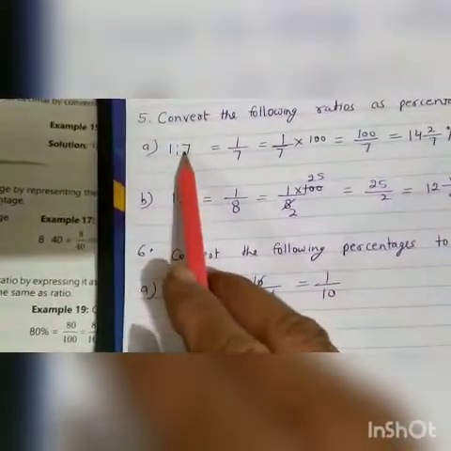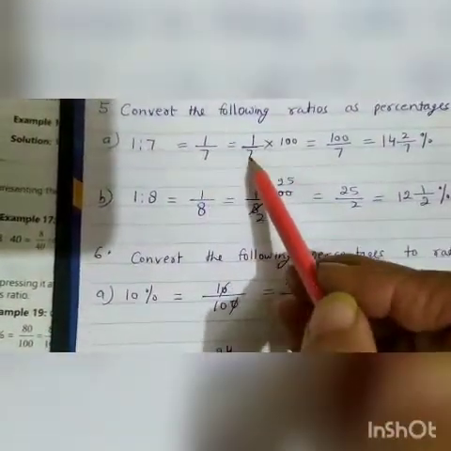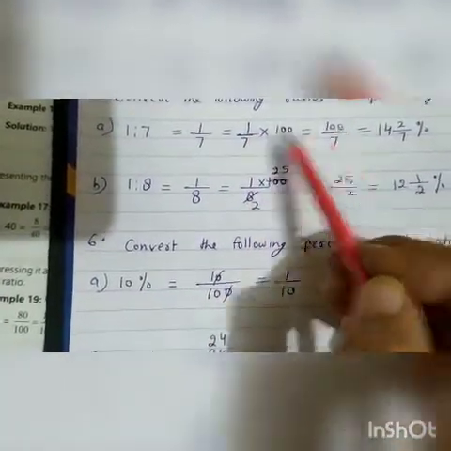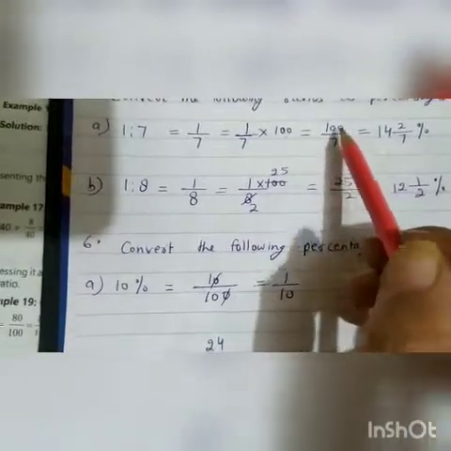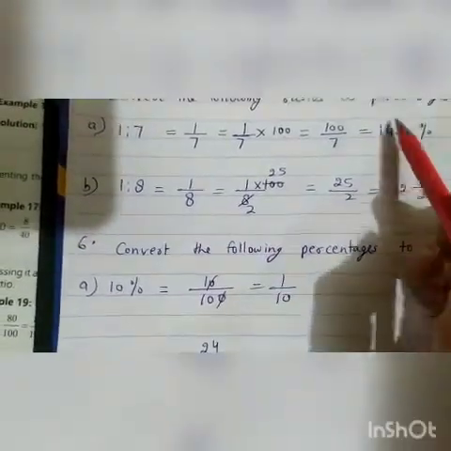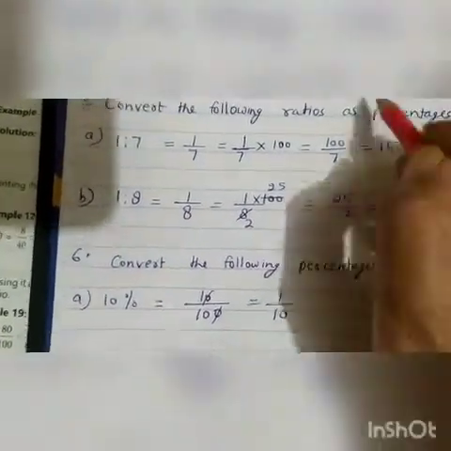See here, 1:7 can be written as 1/7. Then this 1/7 will be multiplied by 100, so 100 times 1 is 100 upon 7. When we divide 100 by 7, we get 14 2/7%.